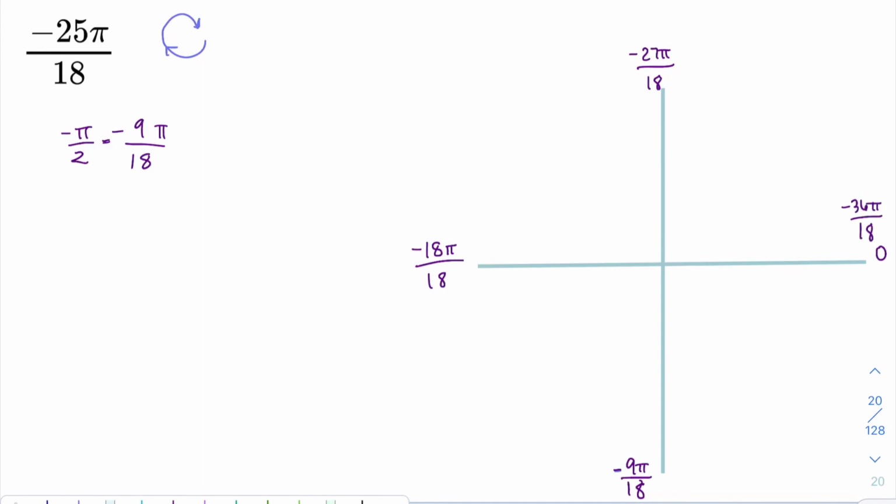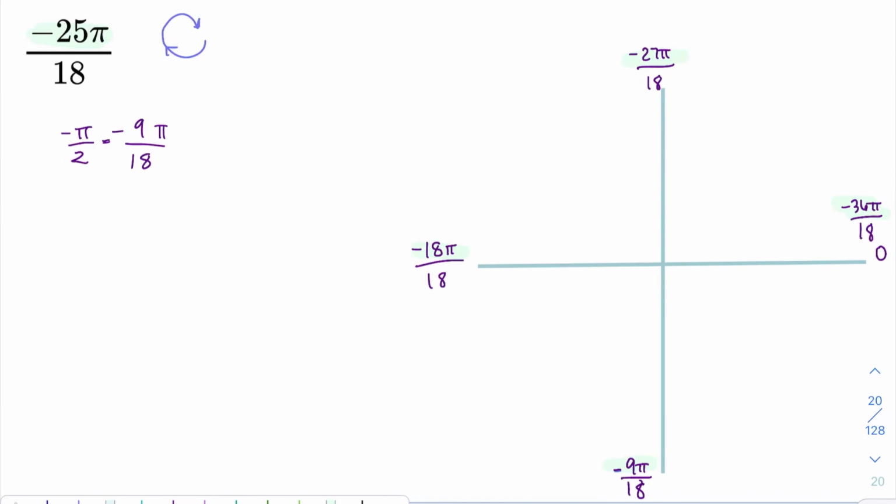And then I ask myself, where does negative 25 fall? Now that I have common denominators, I can just look at the numerators and say, okay, negative 25 pi over 18 falls between negative 18 pi over 18 and negative 27 pi over 18. So I know it's going to be in quadrant 2.